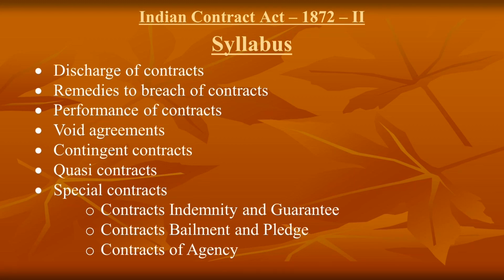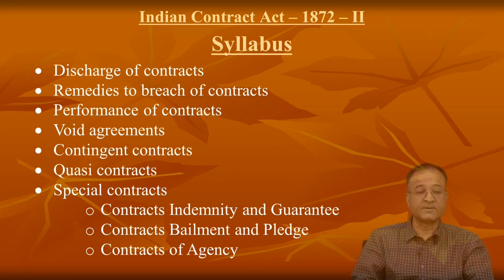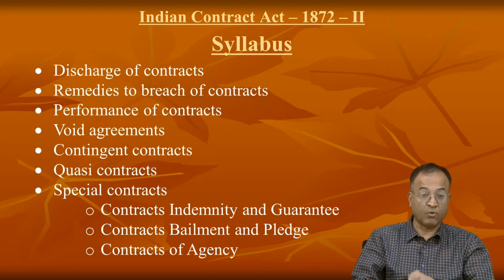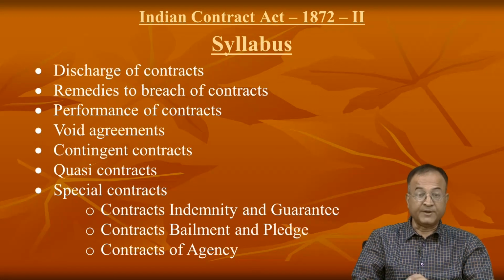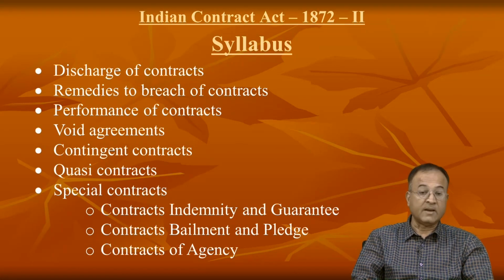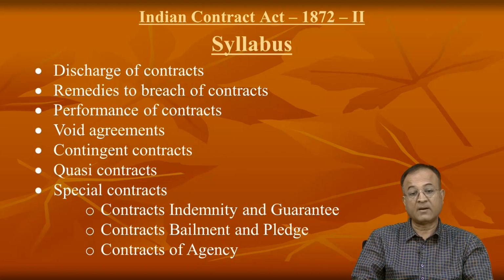It contains discharge of contract, remedies to breach of contracts, performance of contracts, void agreement, contingent contract, quasi-contract, special contract. That covers 3 things: contracts of indemnity and guarantee, contracts of bailment and pledge, and contract of agency.